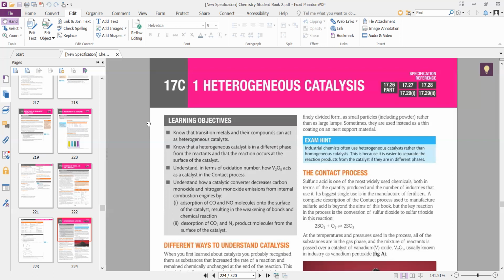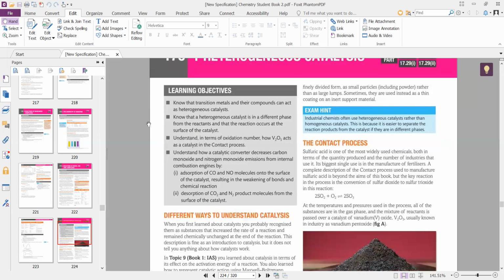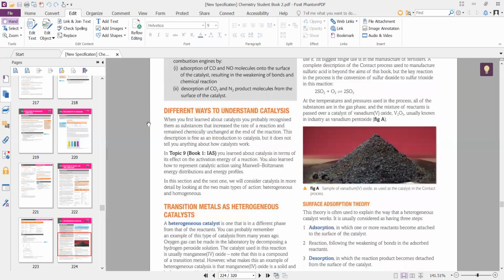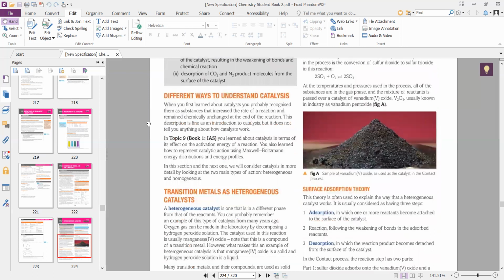Chemically unchanged and physically unchanged, right? I think we discussed how to show the action of the catalyst using the Maxwell-Boltzmann curve as well.